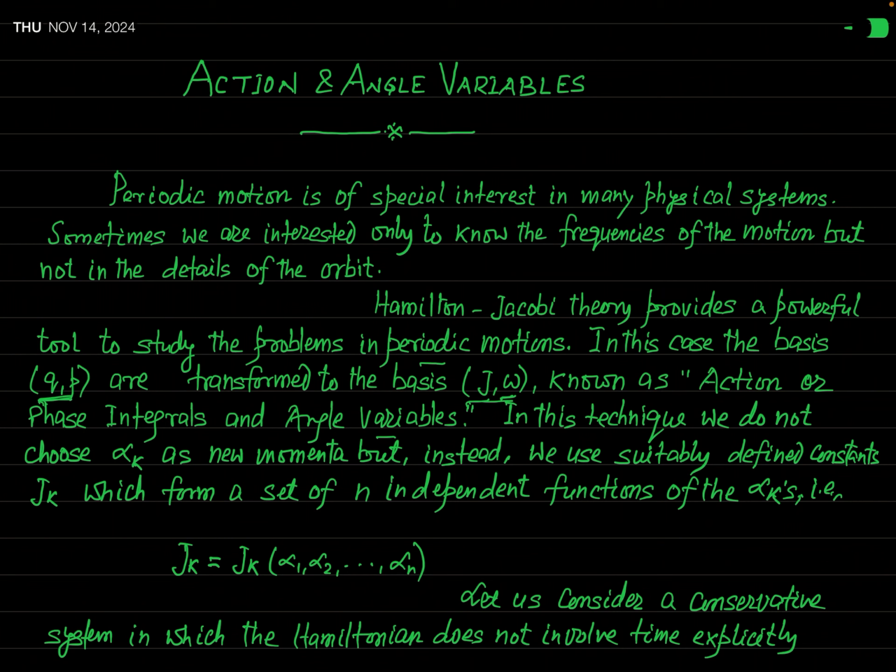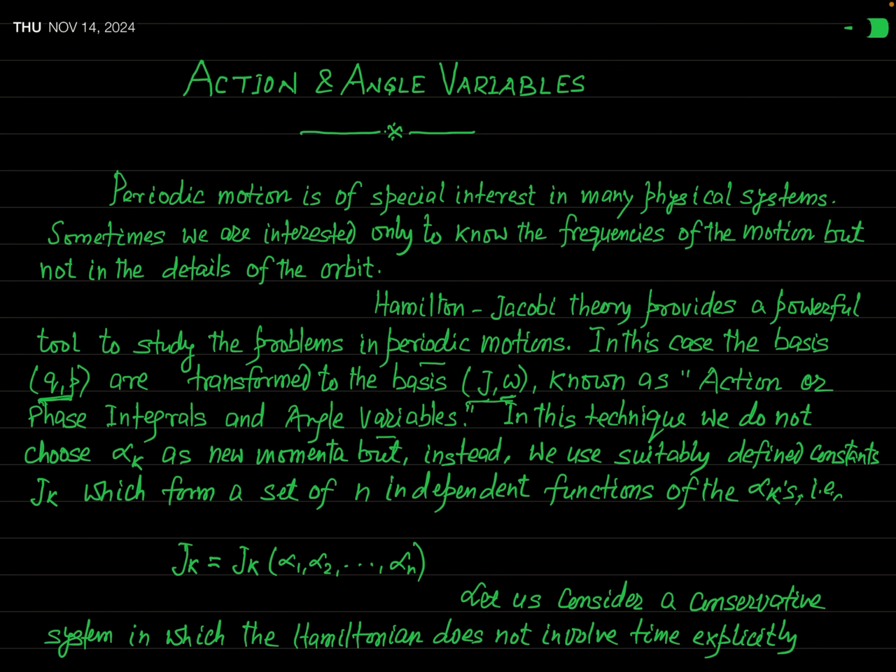So in general, when our system has a large number of degrees of freedom, how can we use the idea of these two variables, that is action and angle variable, to find the frequency of a periodic motion? Our aim is to discuss this in general in this particular lecture.